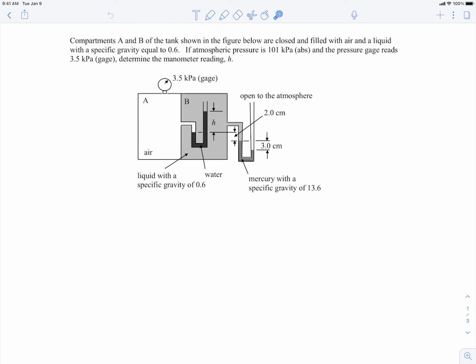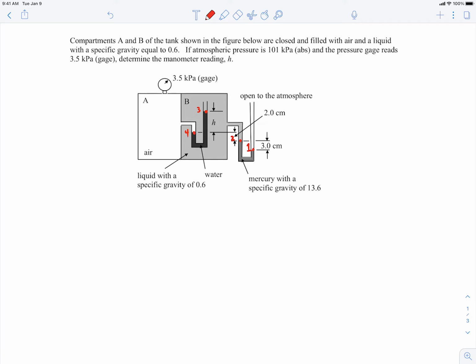So to find the pressure here, we're going to work through a couple of manometers and combine the results together. Let's first put a couple of points here. Let's call this point 1 right here. Let's call that interface there point 2. Then we're going to call this interface here point 3, and finally that interface there point 4.